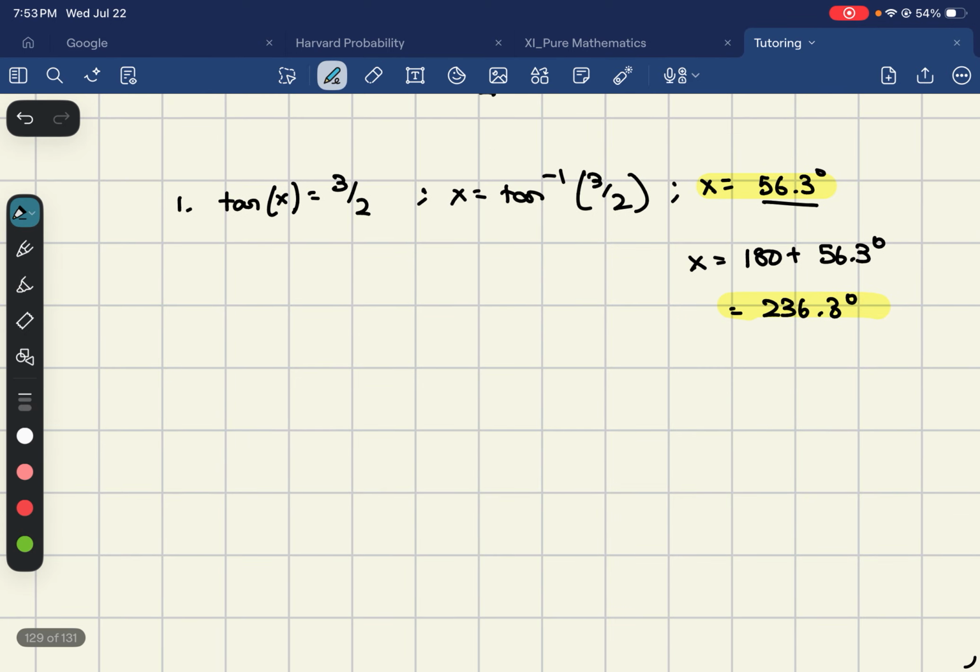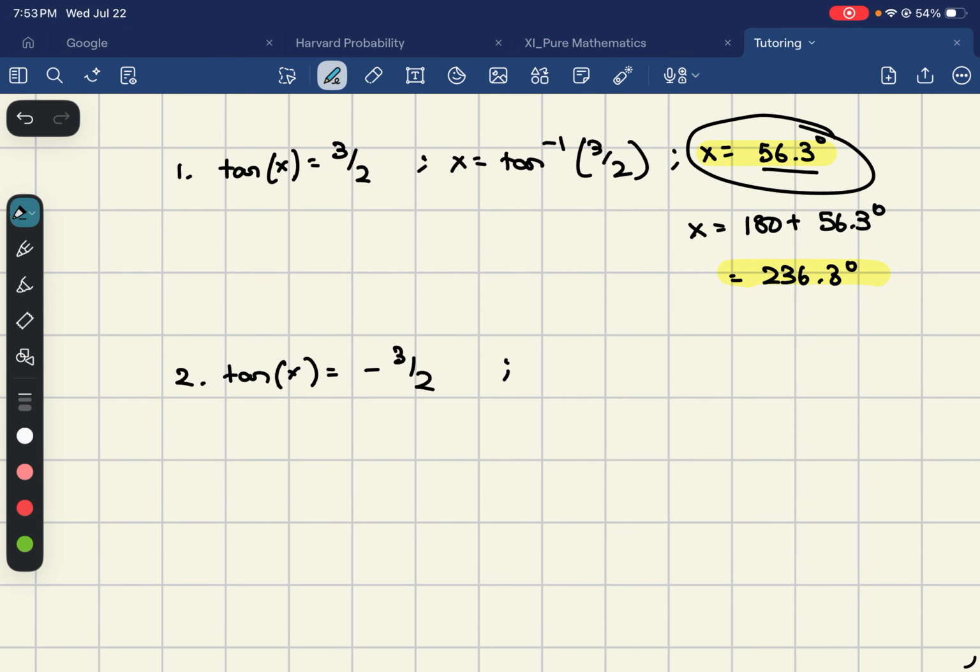Now the other possibility is that tan of x is equal to negative 3 over 2. And we know the acute angle for which we get positive 3 over 2. So we're just going to use that. So x can be in the second quadrant. And to get to the second quadrant, I'm going to subtract this angle from 180. And that gives me 123.7 degrees.